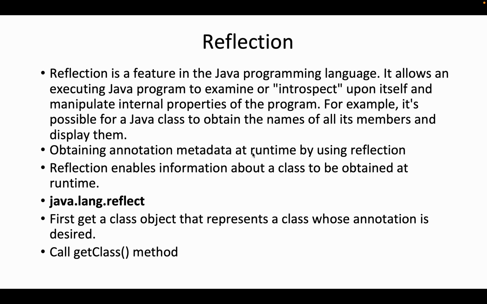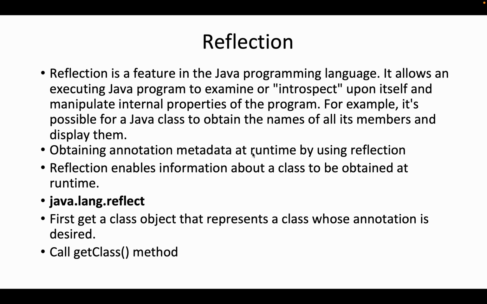To obtain annotation metadata at runtime, you use reflection, as we saw that you can read them if the retention policy is set to runtime. Reflection enables information about the class to be obtained at runtime. We already mentioned that. All the members of reflection, you will find them inside java.lang.reflect. So in order to use reflection, first get a class object that represents the class whose annotation is desired.